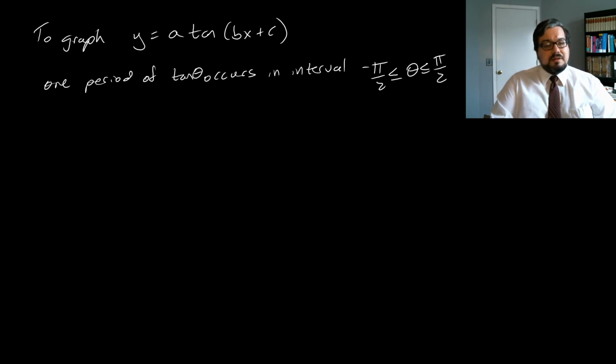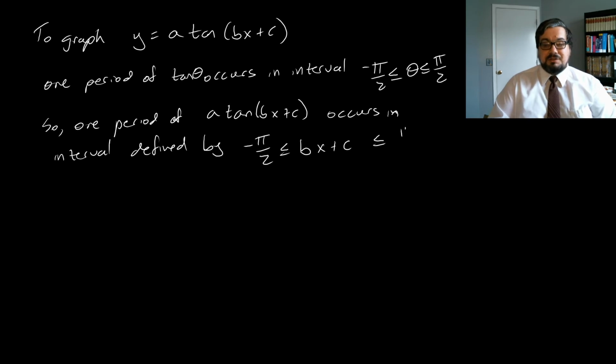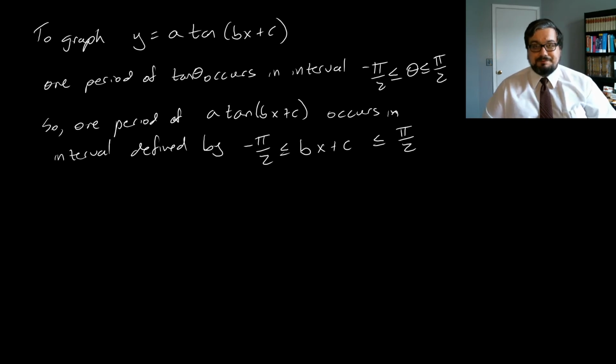So one period of a tangent of bx plus c occurs in the interval defined by bx plus c lies between negative pi over 2 and pi over 2.